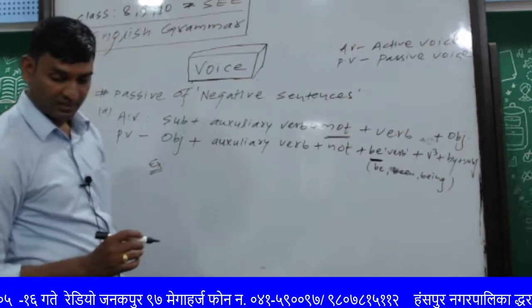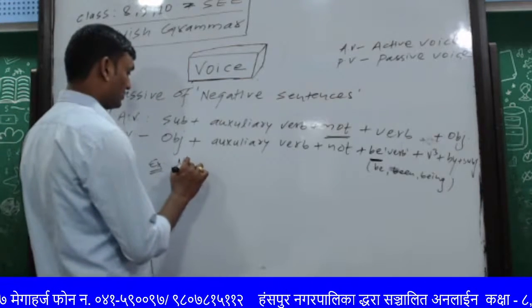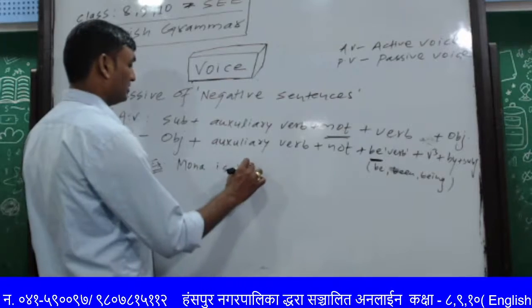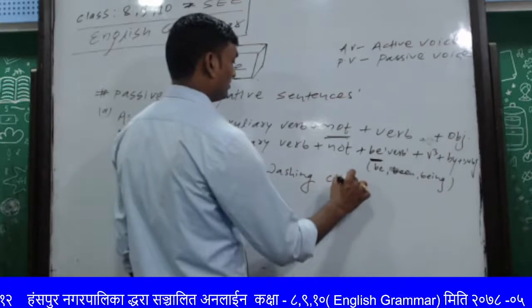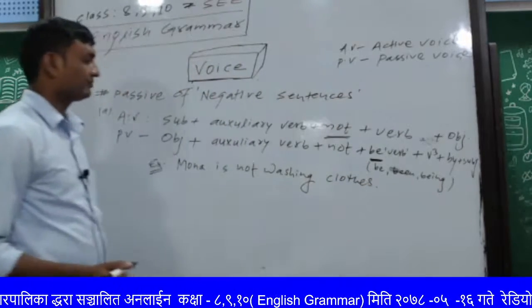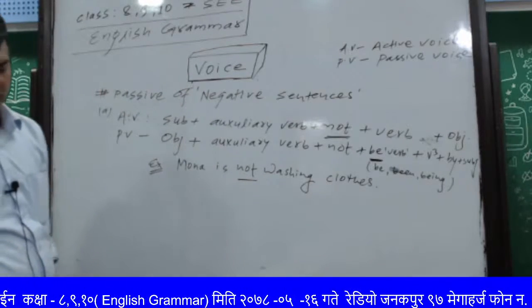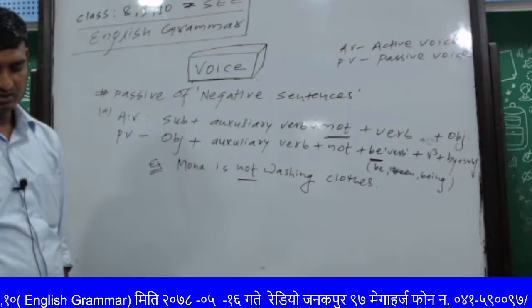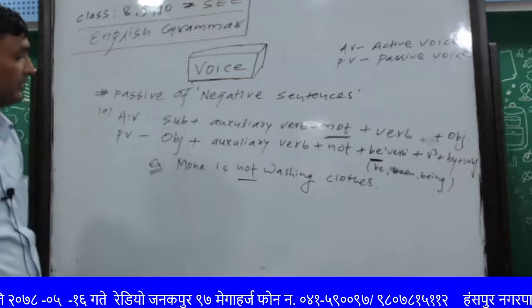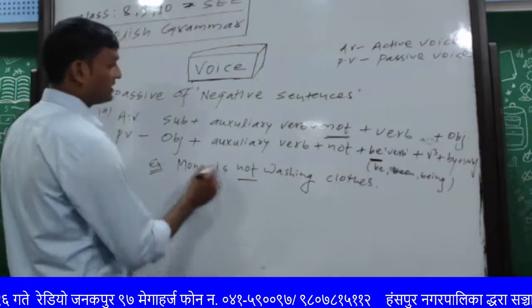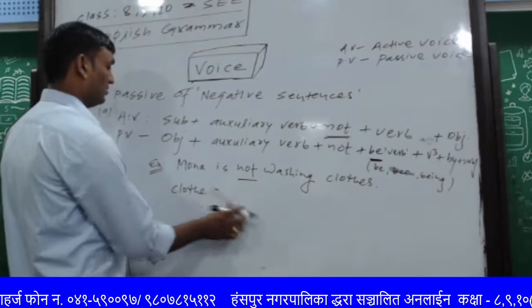Example: Mona is not washing clothes. Is plus not, washing clothes. The object here is clothes.